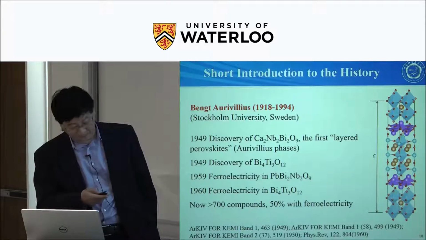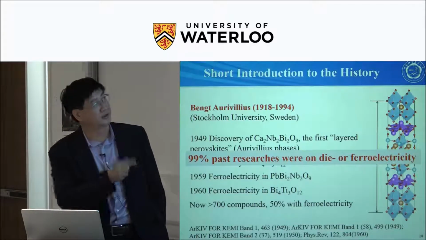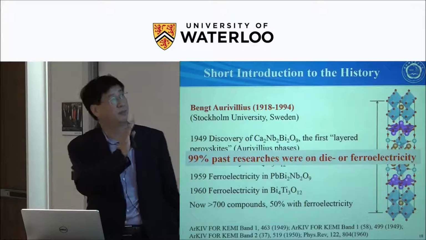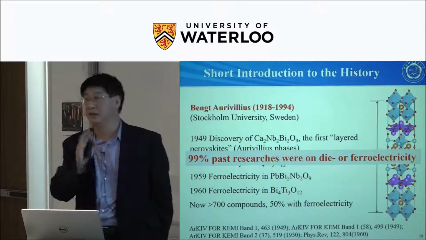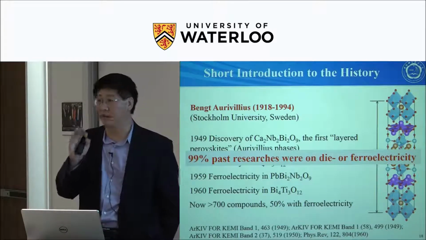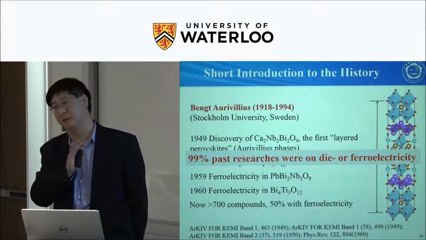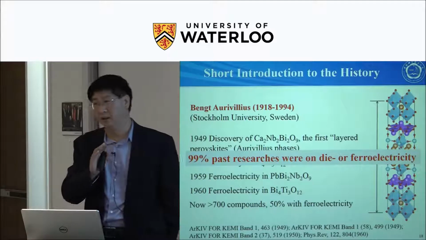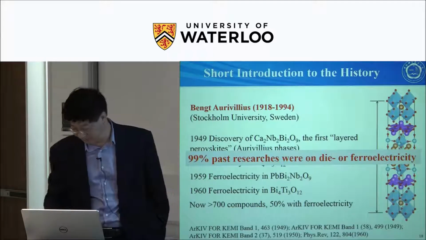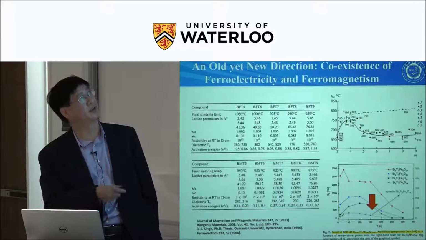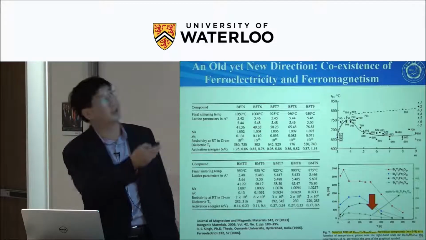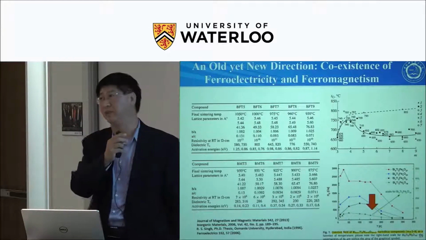Well, I will just go to the simpler one. 99%, or even more, of past research studies is on the dielectric or the ferroelectricity in this material system. Only a few are studying the coexistence of ferroelectricity and ferromagnetism, okay?